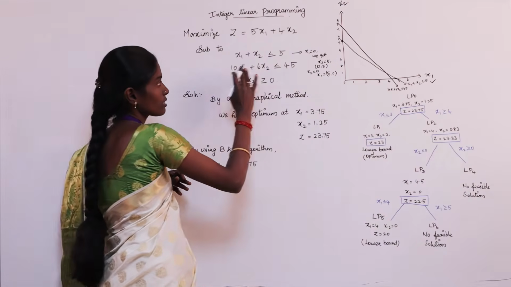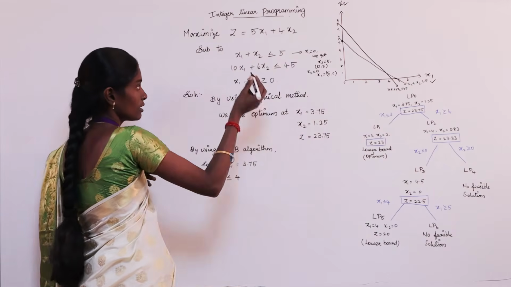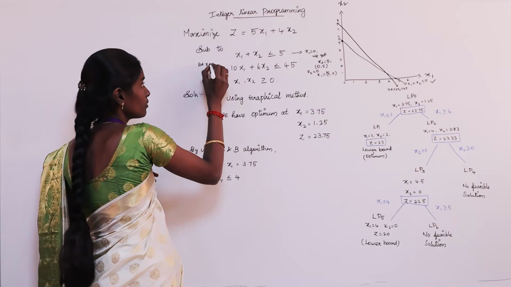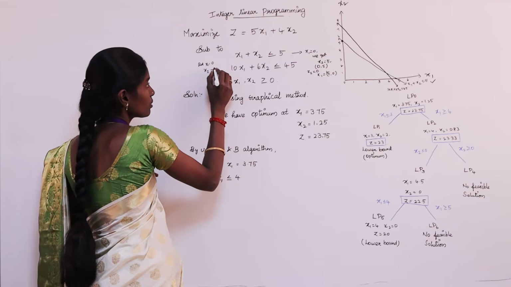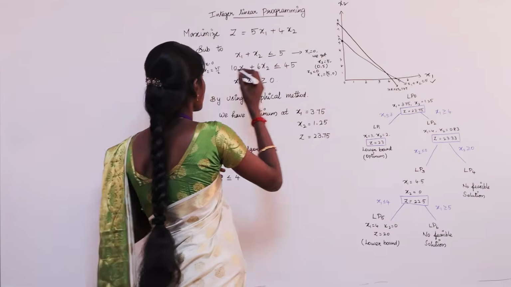In the same way, for the second constraint, that is 10x1 plus 6x2 less than or equal to 45, here we put x1 equal to 0, we get x2 equal to 45 by 6, that is 7.5.